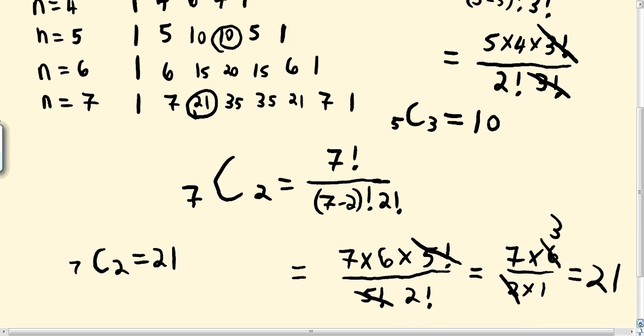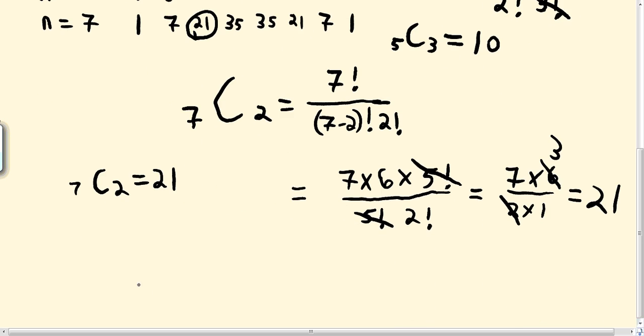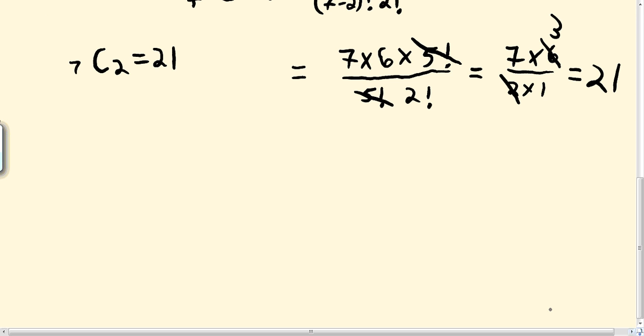All right, let's just take a look at one more example. Let's say 9 choose 4. Well, we didn't do the 10th row, so we don't have anything where n is equal to 9. So we just have to trust that we're going to get the right number here.